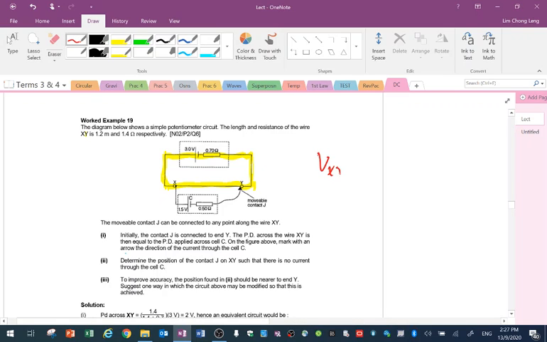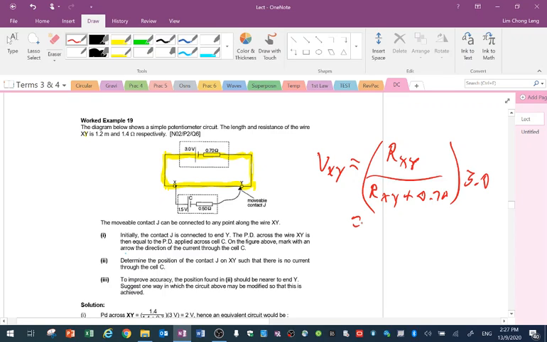PD across XY is resistance across XY divided by the total resistance. So resistance across XY, plus 0.70 multiplied by 3, right?